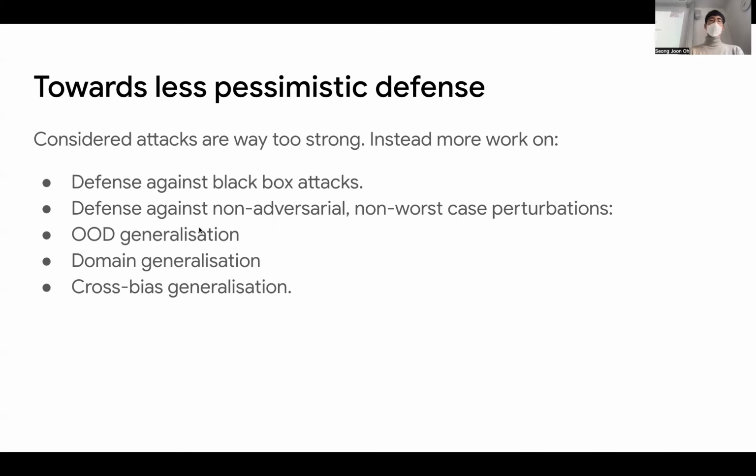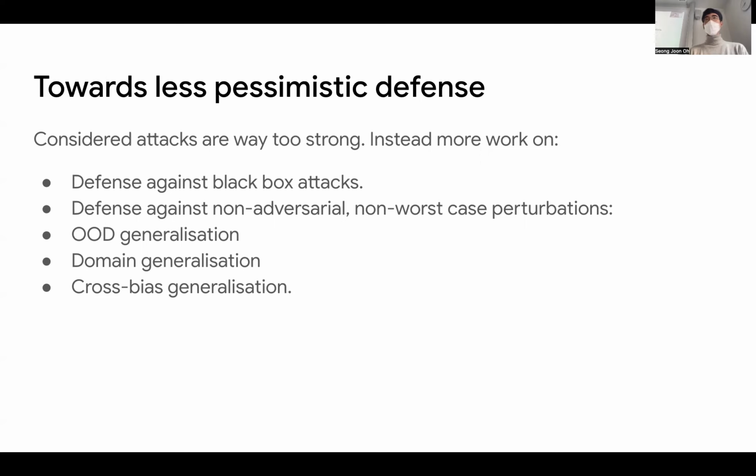And these are exactly what we have learned in the previous lectures, such as OOD generalization, domain generalization, cross-bias generalization. I also see a lot of people who used to study adversarial perturbation now spending their time on general OOD generalization and natural shifting distributions.